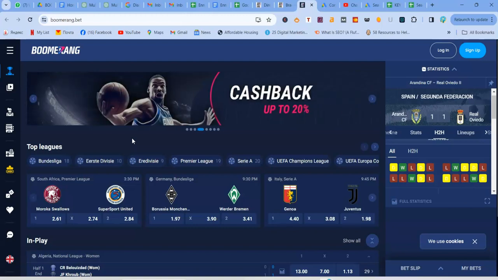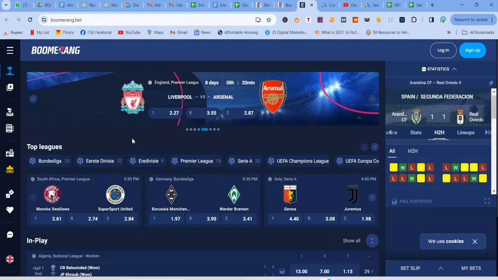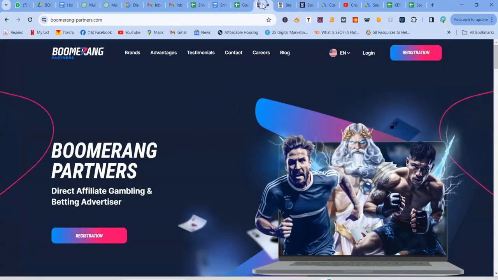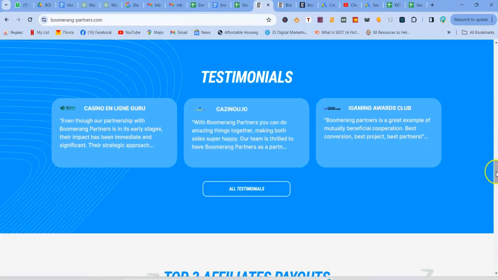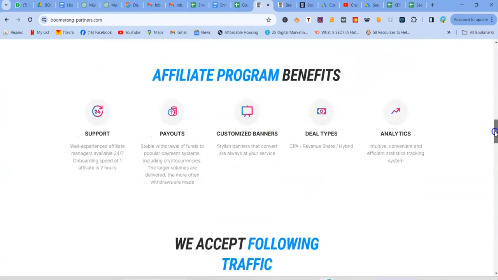And who are their ideal players in terms of demographics, interests, and online behavior? So Boomerang basically targets a high roller customer.